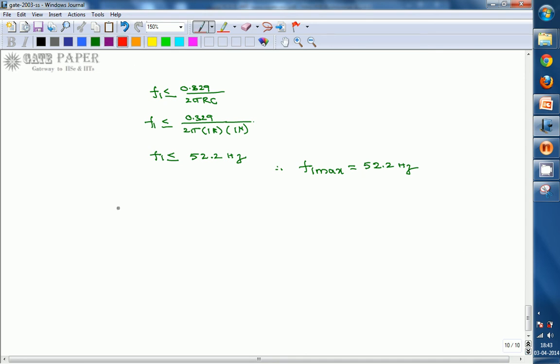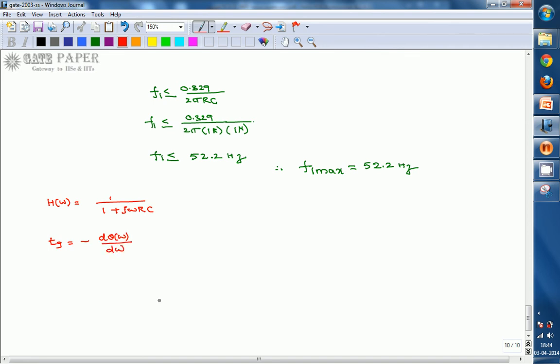So let us consider the transfer function we derived, H of omega equals 1 by 1 plus j omega RC, and group delay is nothing but, we have an expression for group delay, that is Tg equals minus d theta of omega divided by d omega.